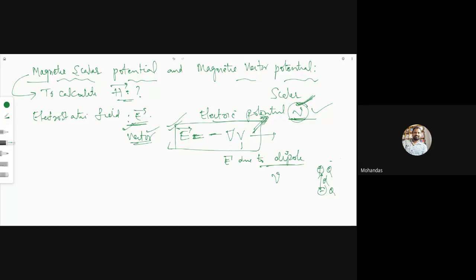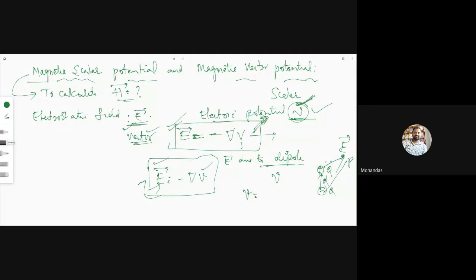We calculated the potential due to Q and later due to minus Q, added these two to get the total potential V, and then applied E equal to minus del V. We also derived this in the mid-examination.